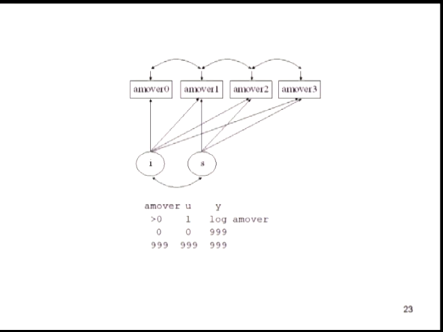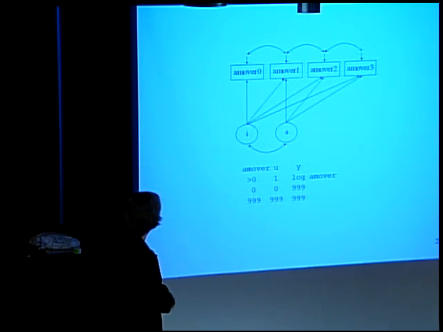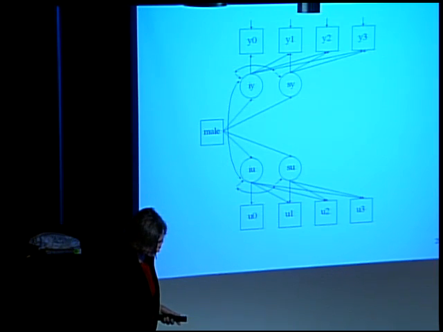If the original variable is 0, then u will be 0 and y will be missing. And if the original variable is missing, both variables, u and y, will be missing. We take the log. Olson and Schaefer recommend that. Mplus does that automatically for you in data 2-part, and also allows you to do no transformation or to do other transformations of that variable.